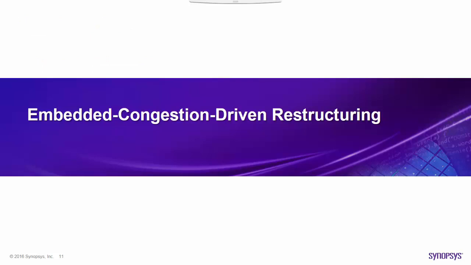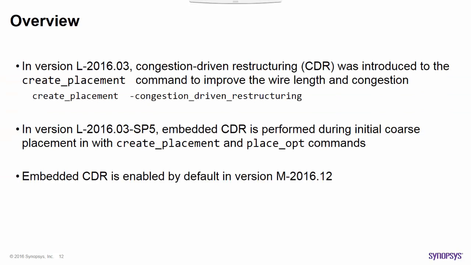The next feature is embedded congestion-driven restructuring. This is a new feature which is available from release 2016.03-SP5, and it becomes on by default in version 2016.03-SP5-1 and release 2016.12. Overview. To support this feature, a new option congestion_driven_restructuring has been added to the pre-existing command create_placement.